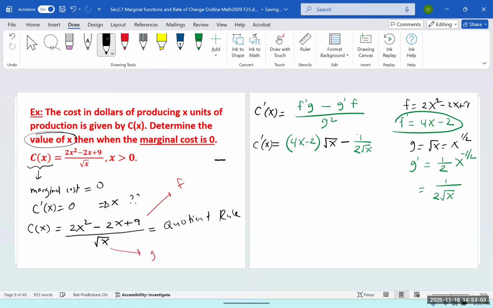Let me put it here: 2x squared minus 2x plus 9. Whole thing is divided by the denominator squared. The denominator is square root of x, the square root of x squared.